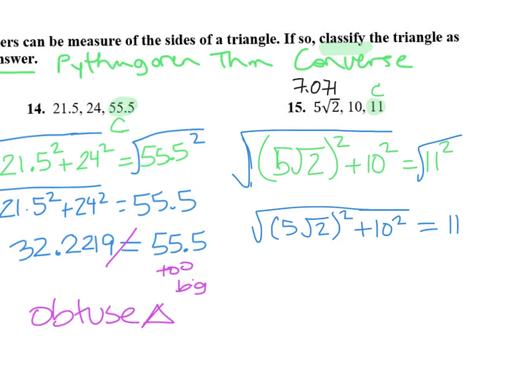Go and type it in. And we get 12.2474, and we want it to be equal to 11, but it's not. This 11 is too small, which makes our triangle acute.